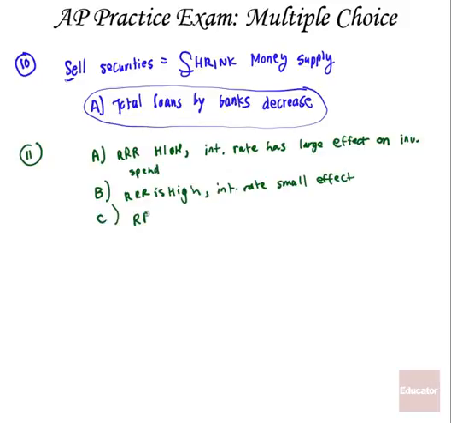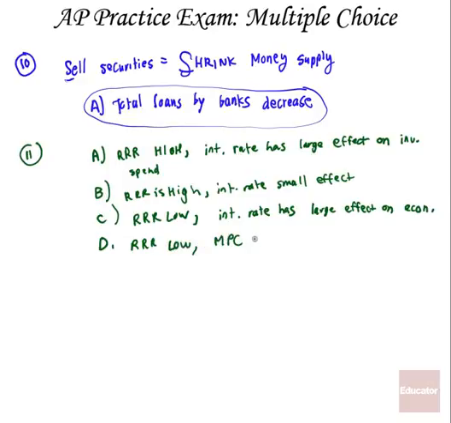C is the required reserve ratio is low, and interest rate has large effect on economy. And D, required reserve ratio is low, and also the MPC is low. And E is the MPC is high, and interest rate has small effect on investment spending.